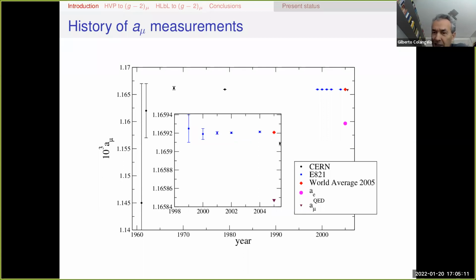And what you also see on this plot are some theory points. First of all, the purple point here, which is very far away from the Muon G-2 measurement, is the electron G-2, which, as you see, is very different, and as is well known. And then this downward pointing triangle, which is also very far away from the measured value of G-2, is the G-2 of the Muon if you only take into account QED contributions.